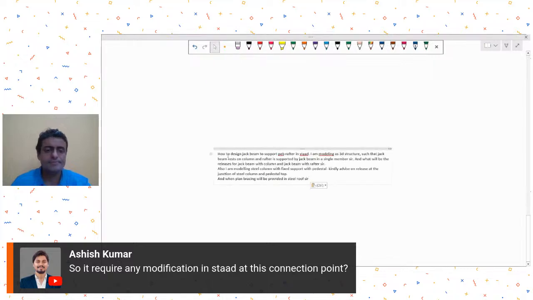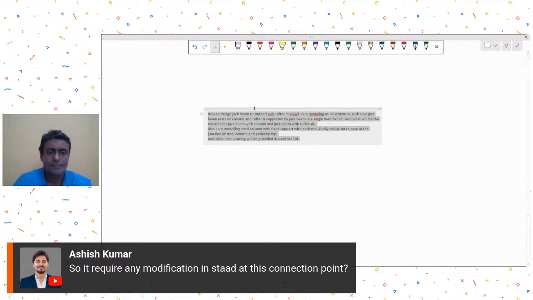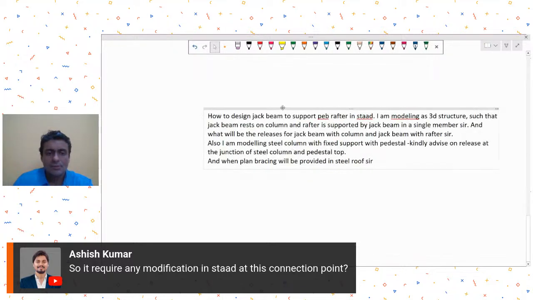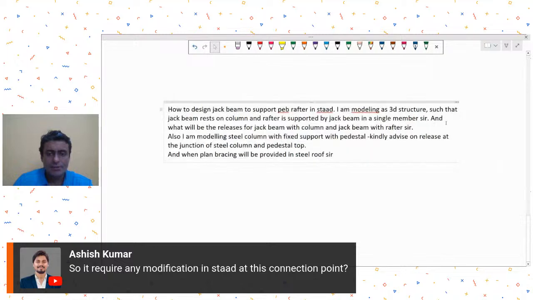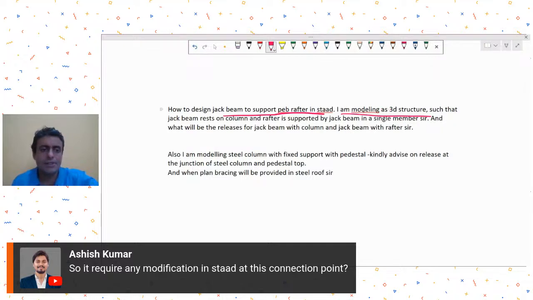I am modeling it as a 3D structure such that the jack beam rests on the column, and what will be the releases for the jack beam with column and jack beam with rafter.